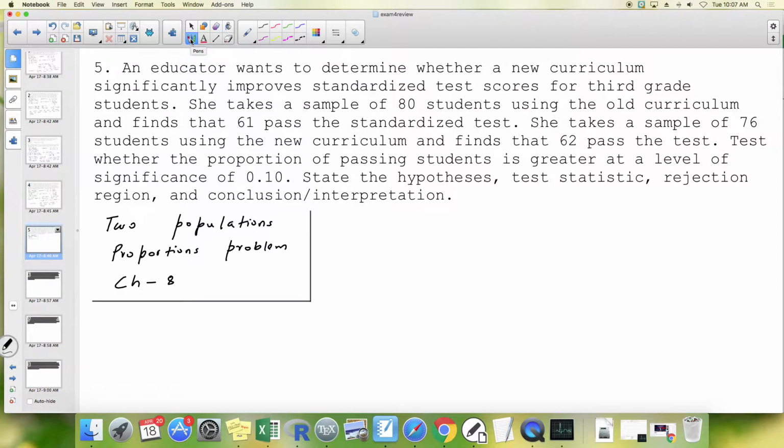For N1, that means group 1 is the old curriculum, and among them we have 61 successes. For group 2 the sample size is 76. Among them we have 62 successes. Alright, so that's our data.